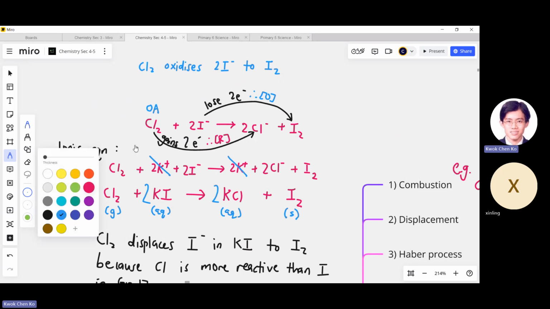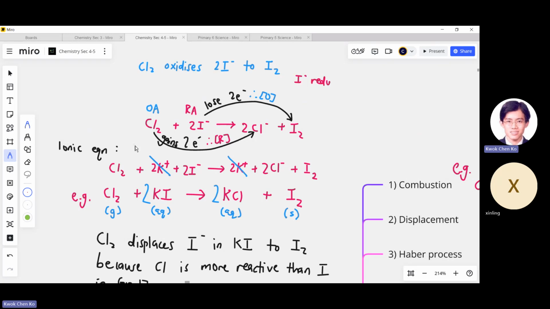And of course, by right, you should now know who is the reducing agent. It must be the other reactant. If this guy is the oxidizing agent, this guy must be the reducing agent. So same thing, I write a similar statement. I minus reduces Cl2 to 2 chloride.